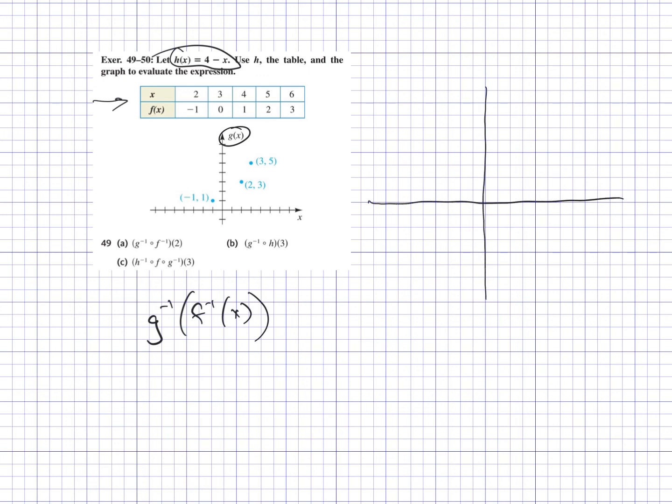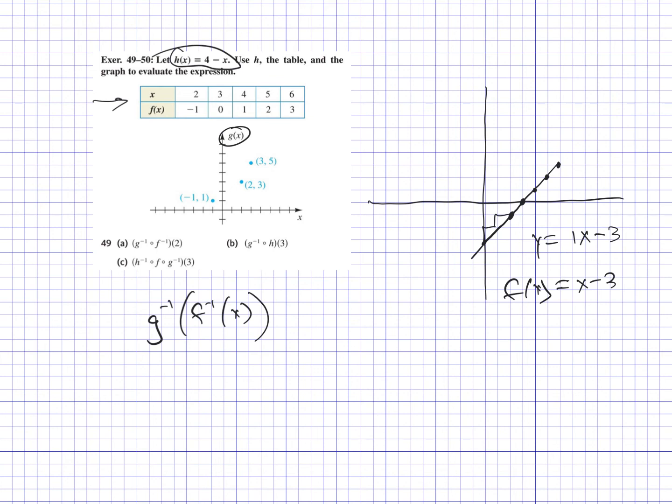If we plot those points, 2, -1, 3, 0, 4, 1, 5, 2, and 6, 3, we notice that's a straight line, right? And it's going to go through the y-axis at -3. So y equals something x minus 3. Well, what's the slope? It's up 1 over 1, up 1 over 1, all right? So f of x is x minus 3.